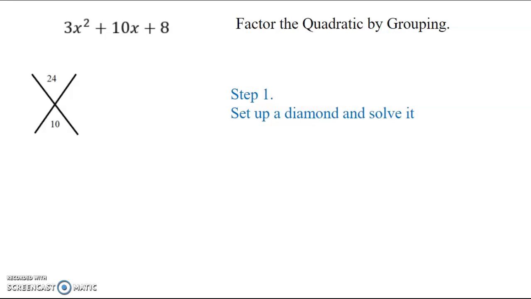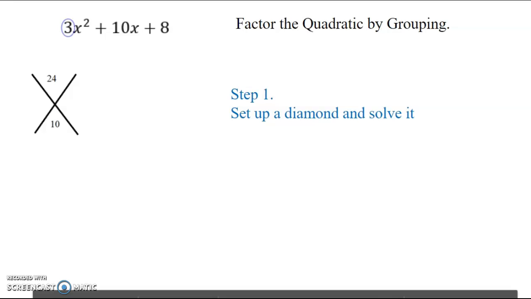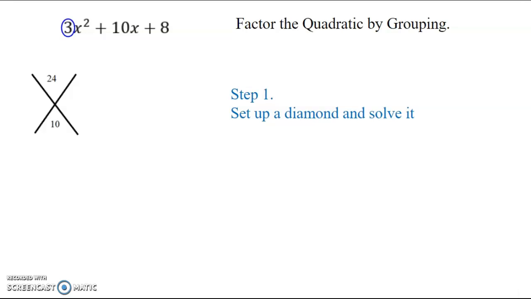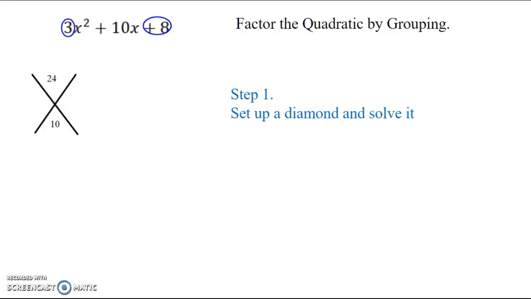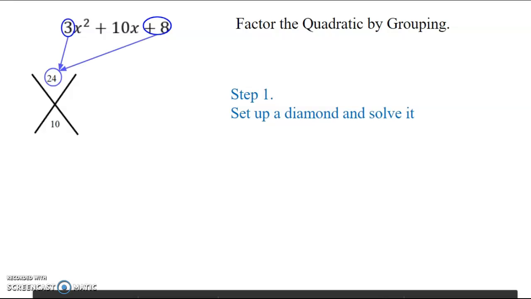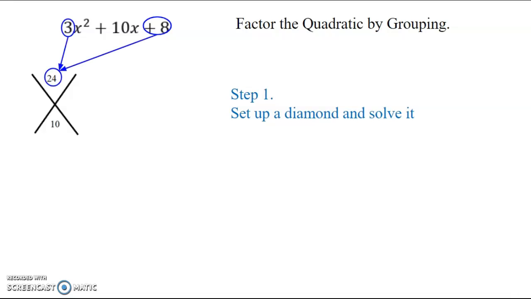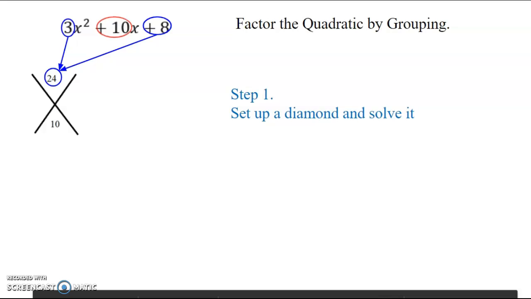You get 24 from the coefficient of the x squared term, 3, and the constant, positive 8. You're multiplying 3 times positive 8 and you get 24 here. And then the coefficient of the middle term, which is 10x, is 10, and that comes down here.